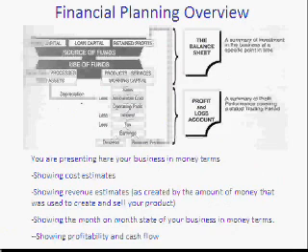Let me show you an overview of a financial plan. The financial plan shows your sources of funds and how these funds are going to be used. The sources of funds come from 3 sources. Share of capital if you have a partner.